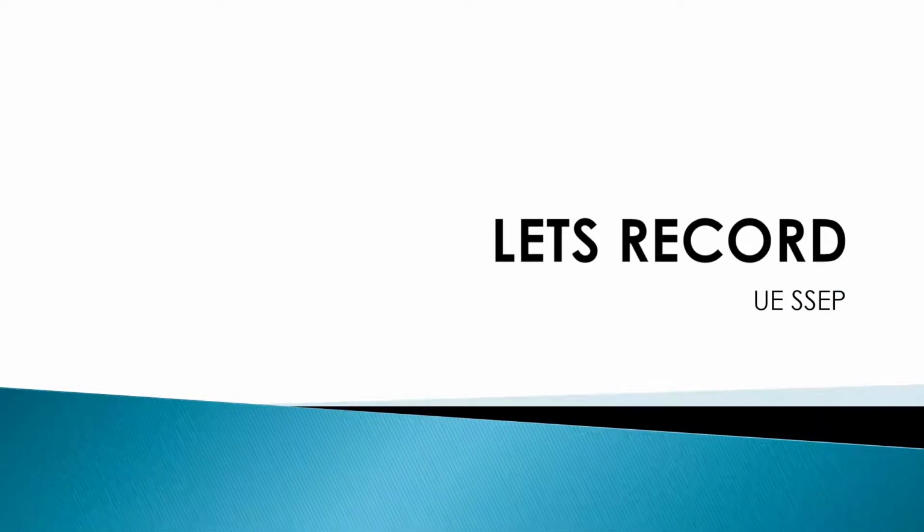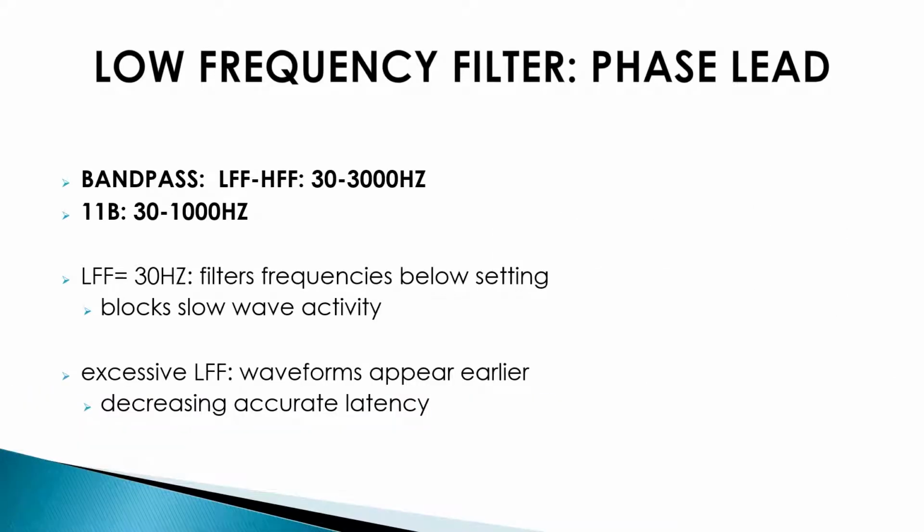Let's record the upper SSEP. I'm not going to talk a lot about filters or averaging or polarity because David's going to talk about that in his modules. But I will talk about filtering just a little bit with respect to what they do to the waves. A band pass is using a low frequency filter and a high frequency filter to filter out different frequencies so we get better recordings.